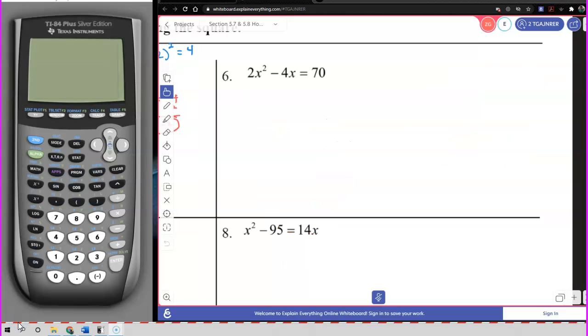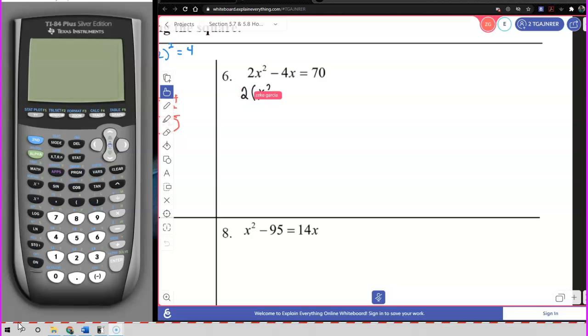For number 6, we have 2x squared minus 4x equals 70. We've got to see if there's any number that they have in common. So if we look at the left side, we do notice that there is a 2 in common. So we're going to go ahead, and this is called factoring. We're going to factor the 2.